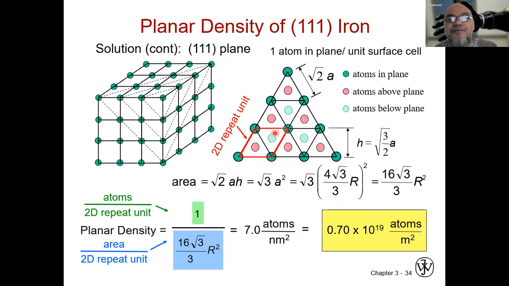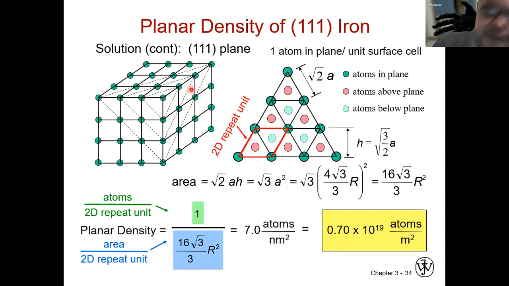In 111, this is a little bit more difficult. In the BCC body-centered cube atom, the 111 plane will be like this. If you see it, the red one is the atom above the plane. The atoms on the plane are the green ones.